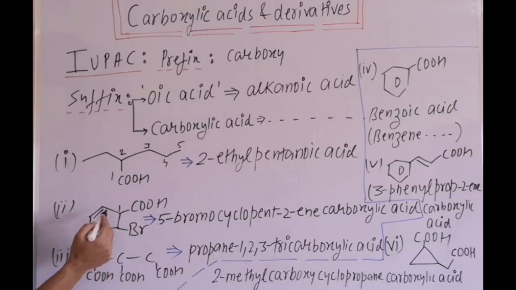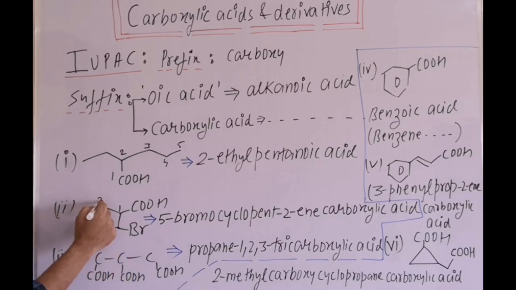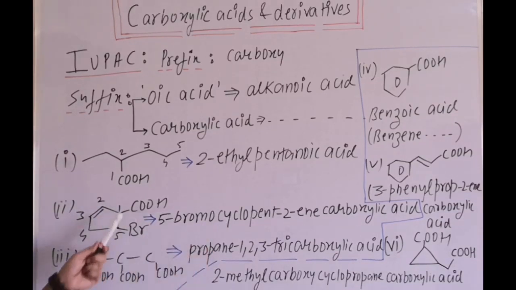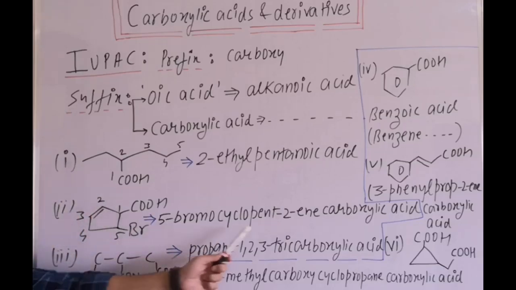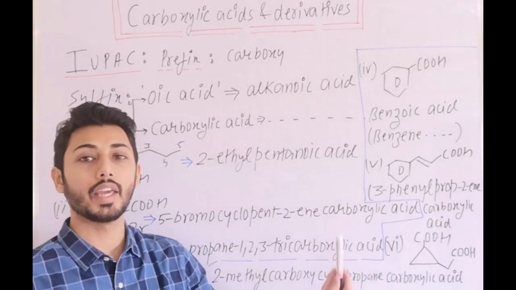Which is preferred? The multiple bond is preferred over the substituent. So 2, 3, 4, 5. Then it is 5 bromo at the fifth position as substituent. Then cyclopent at the second position double bond, pent 2 ene, and then carboxylic acid.